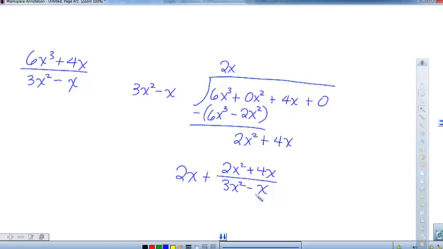If this thing is smaller, which we think it is, we can reduce it some because we can factor out an x, right? If this thing is smaller, then what's going to happen is as x gets larger and larger, the larger a denominator is, what happens to this piece?